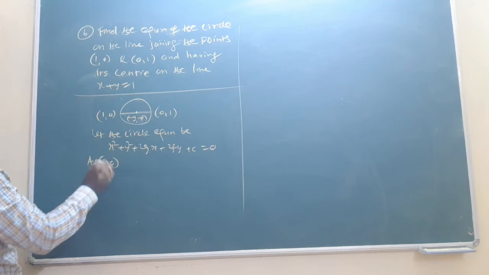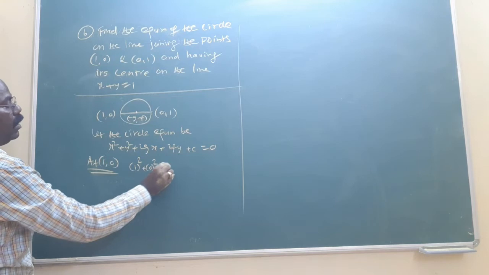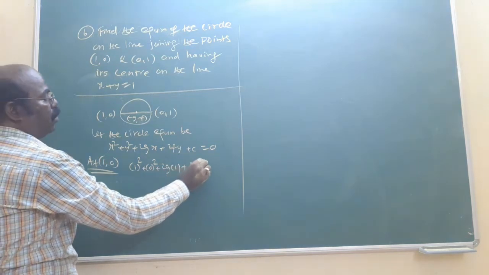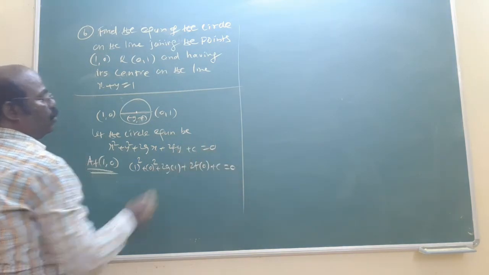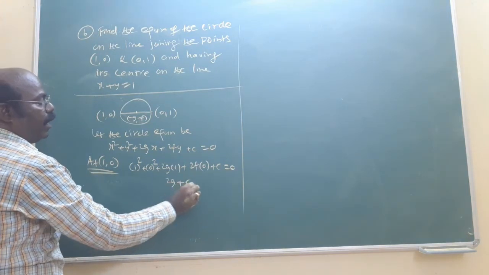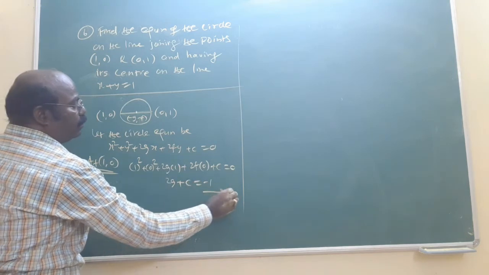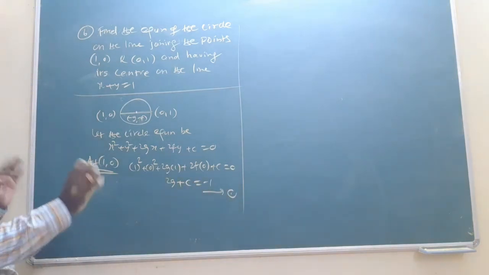At (1, 0): 1 square plus 0 square plus 2g into 1 plus 2f into 0 plus c equal to 0. So 2g plus c equals minus 1. This is the first equation.